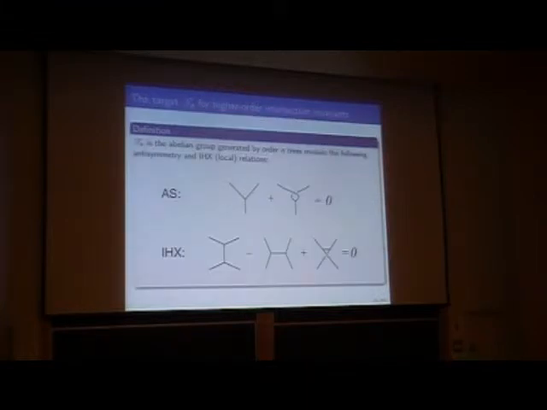Okay, so we want to define this invariant that will count the trees in a way that when we get 0, we know we can build the next order tower. And there's a couple of well-known relations in these tree groups that show up, namely the anti-symmetry and this IHX Jacobi relation.